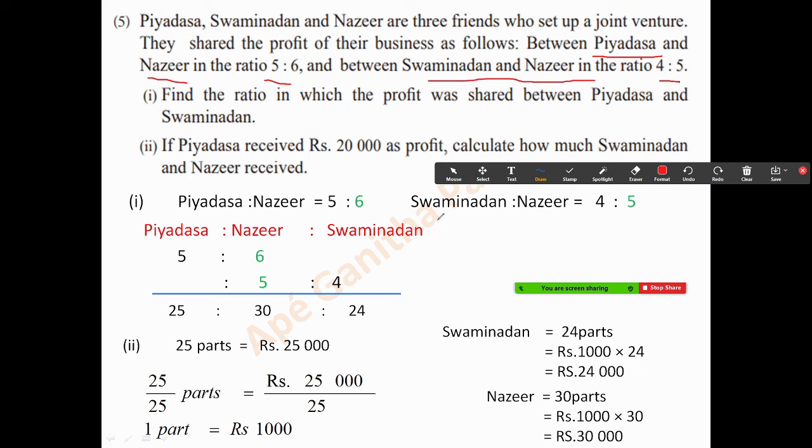So second ratio Swaminathan to Nasir 4 to 5. Find the ratio in which profit was shared between Piyadasa and Swaminathan.